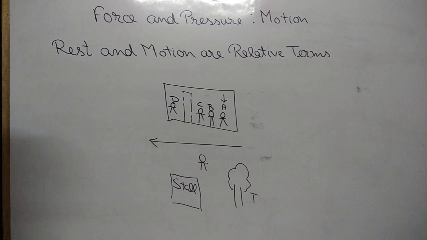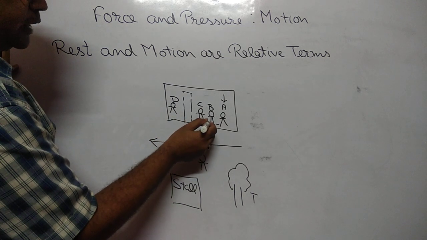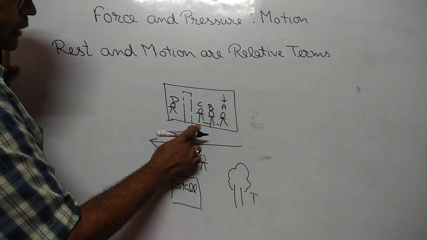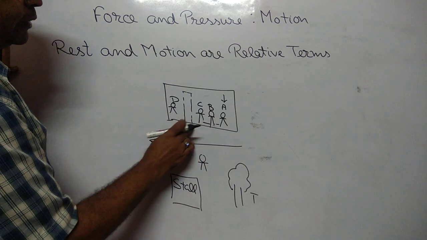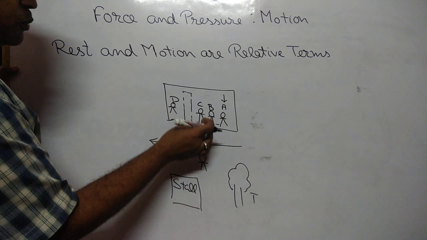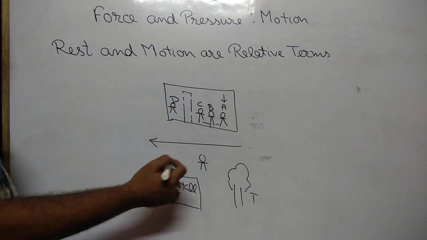As we look inside and compare ourselves with the co-passengers, we see that the distance between me and the co-passenger is fixed, and the distance between the driver and the other co-passenger is fixed. It means with respect to the co-passengers, I am in rest position.